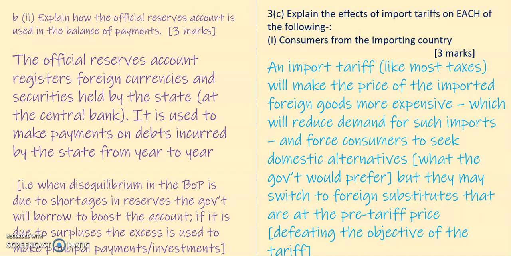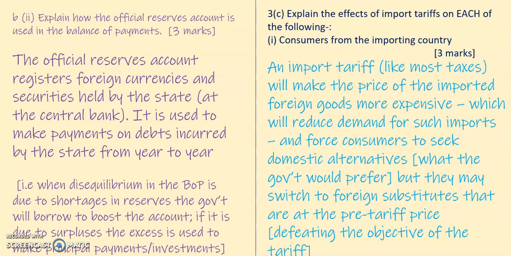But what may happen is that the consumers may switch to foreign substitutes that are at the pre-tariff price, and so defeat the whole objective of setting this import tariff, right?